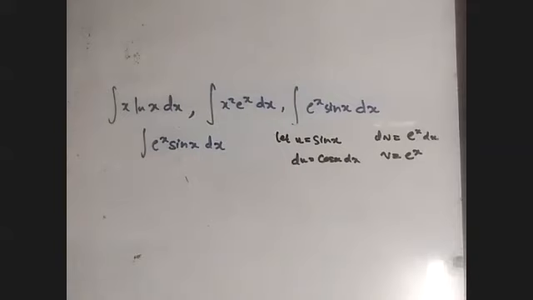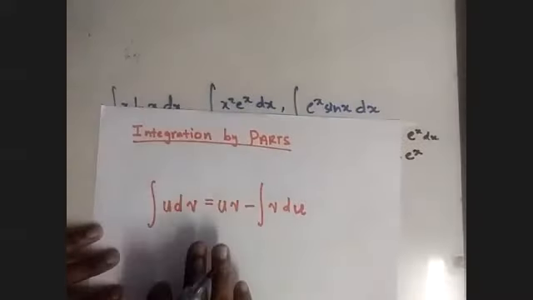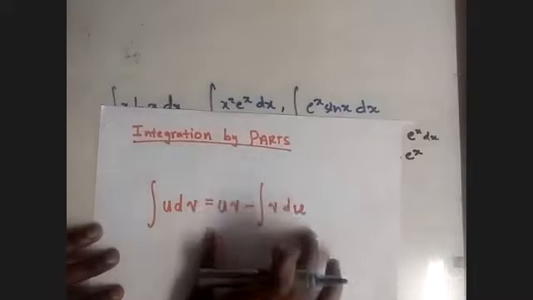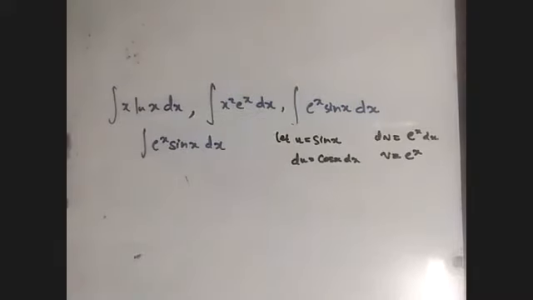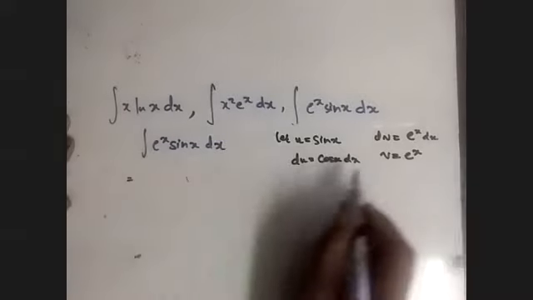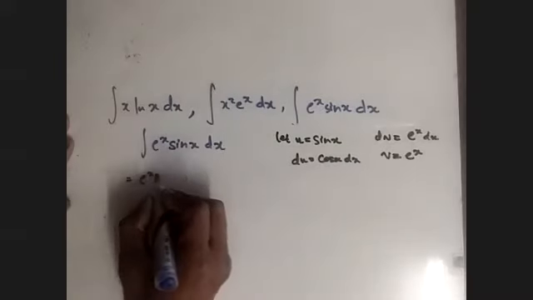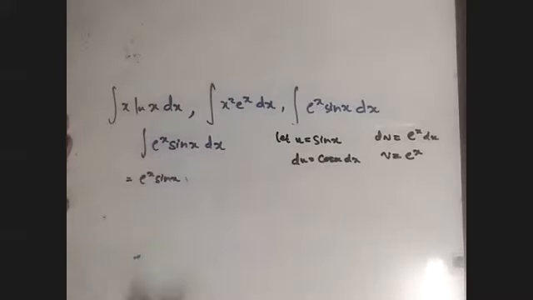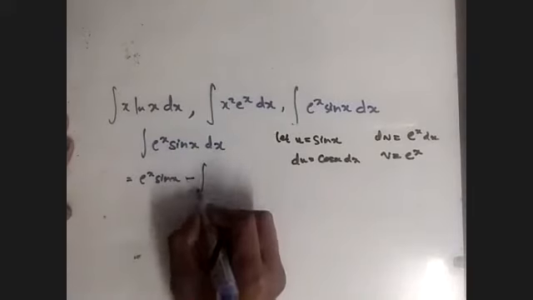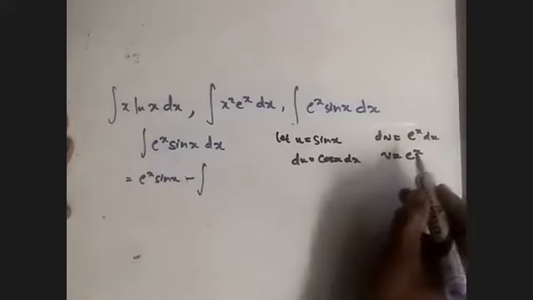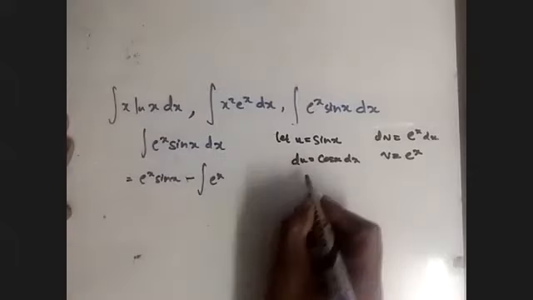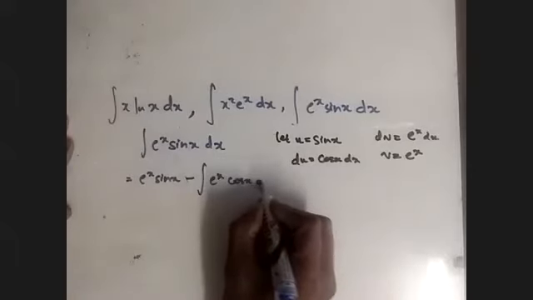Now, what we're going to do is substitute into this equation and find the right-hand side. The right-hand side says that you should have u times v, e to the x sine of x, minus the integral of v du, e to the x cos x dx.